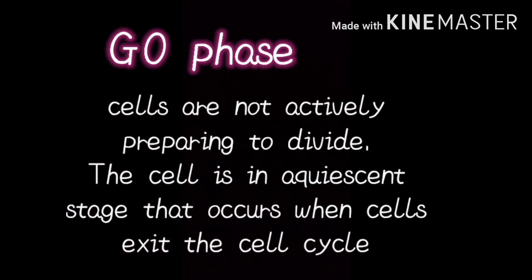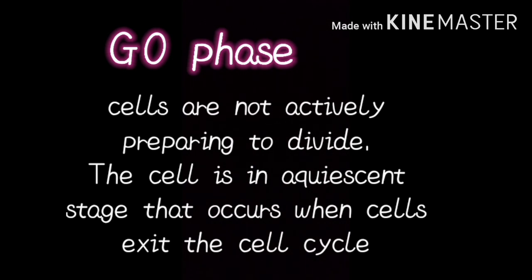G0 phase. Not all cells adhere to the classic cell cycle pattern, in which a newly formed daughter cell immediately enters the preparatory phases of interphase, closely followed by the mitotic phase. Cells in G0 phase are not actively preparing to divide.